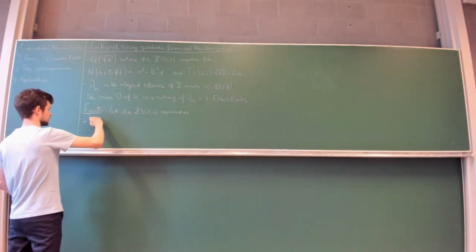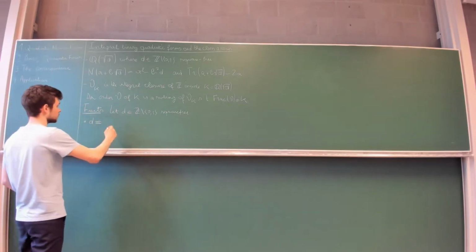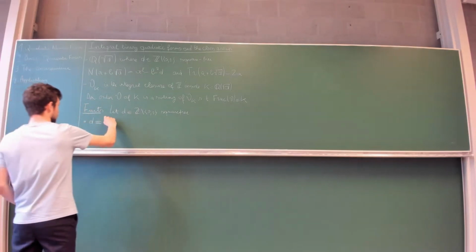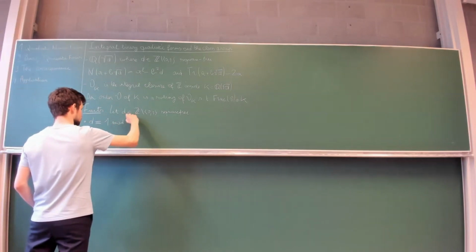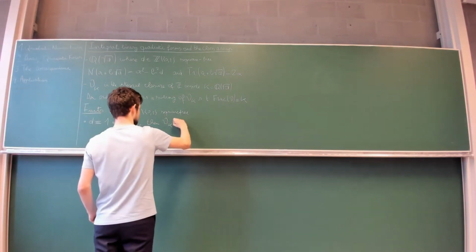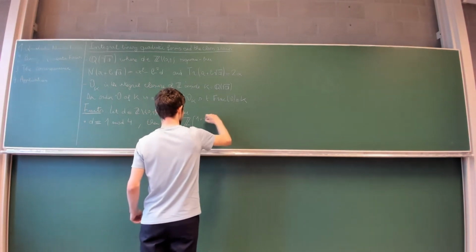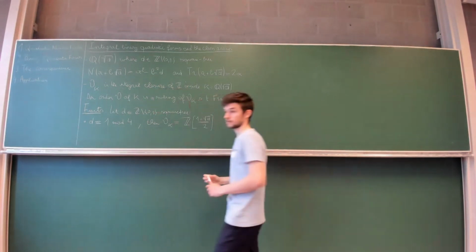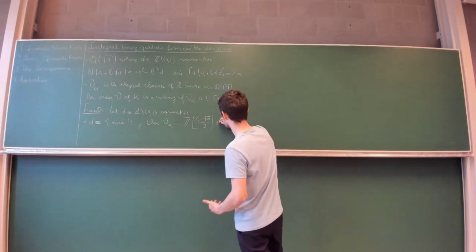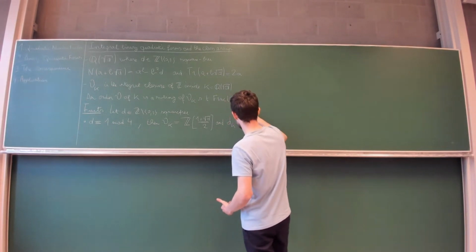Depending on the residue modulo 4 of d, we have two cases. So if d is 1 mod 4, then we know that the ring of algebraic integers looks like Z with (1 plus square root of d) over 2 added. Okay, this might ring a bell for most of you, I hope. And the discriminant of the field is equal to d itself.